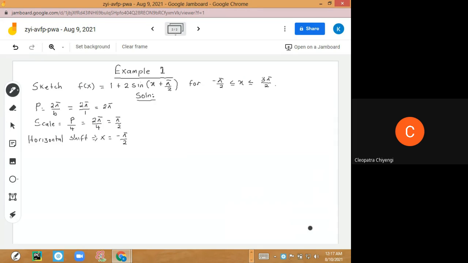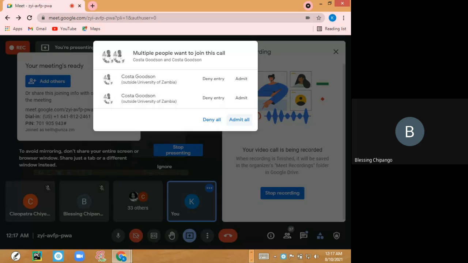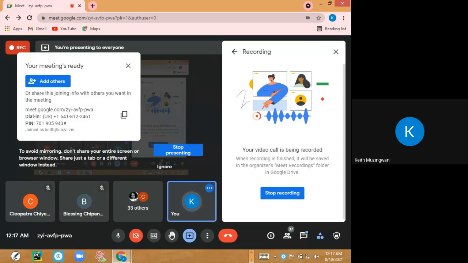So, sir, the vertical shift there is 0, right? Is 1. The number standing alone. Oh. So how do you find the period? What's the question?